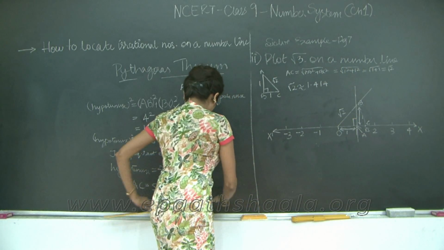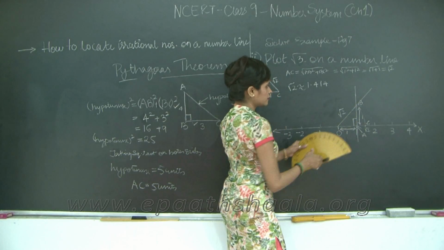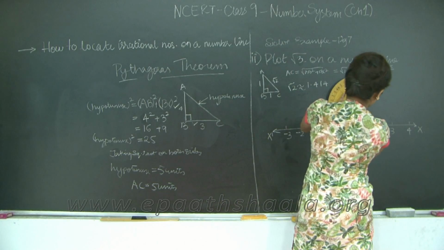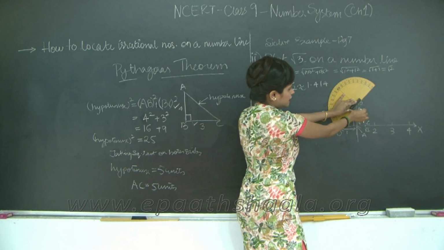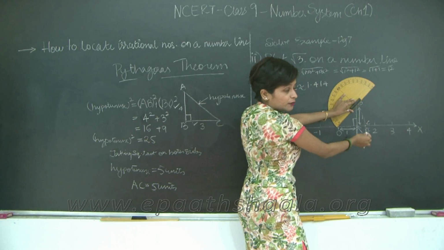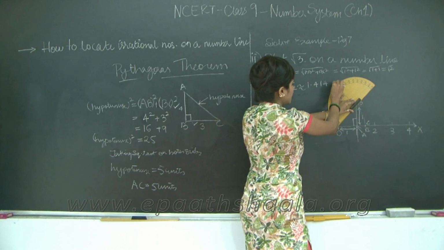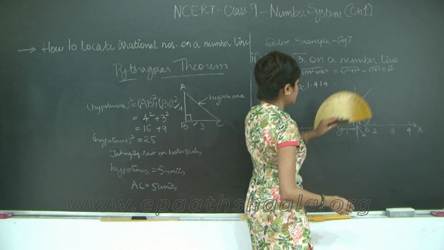Okay, and then I am going to place my protractor on this line OB, with the center of the protractor coinciding with point B, and I will mark 90 degrees out here. So I have marked 90 degrees out here.